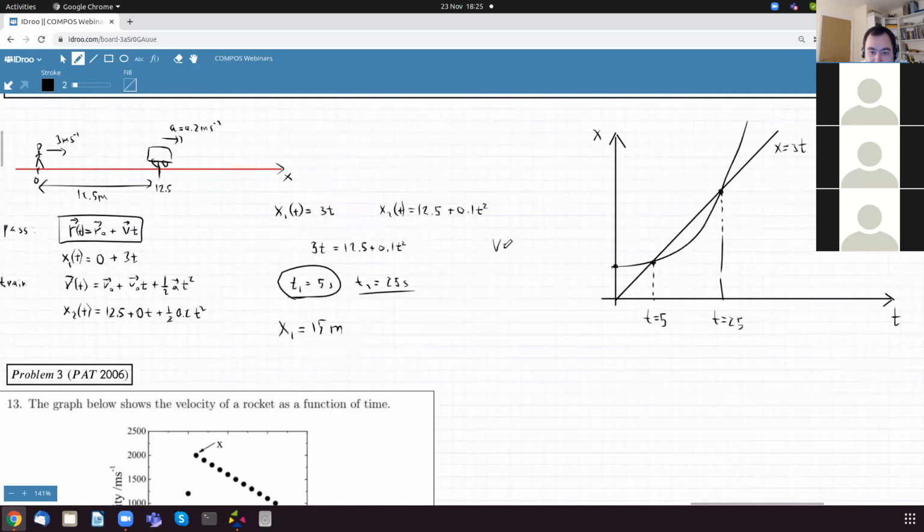We know that one of the Suvat equations is that velocity is the initial velocity plus acceleration multiplied by time. So when at 5 seconds, the train is moving at 0 plus acceleration, which is 0.2 times 5.